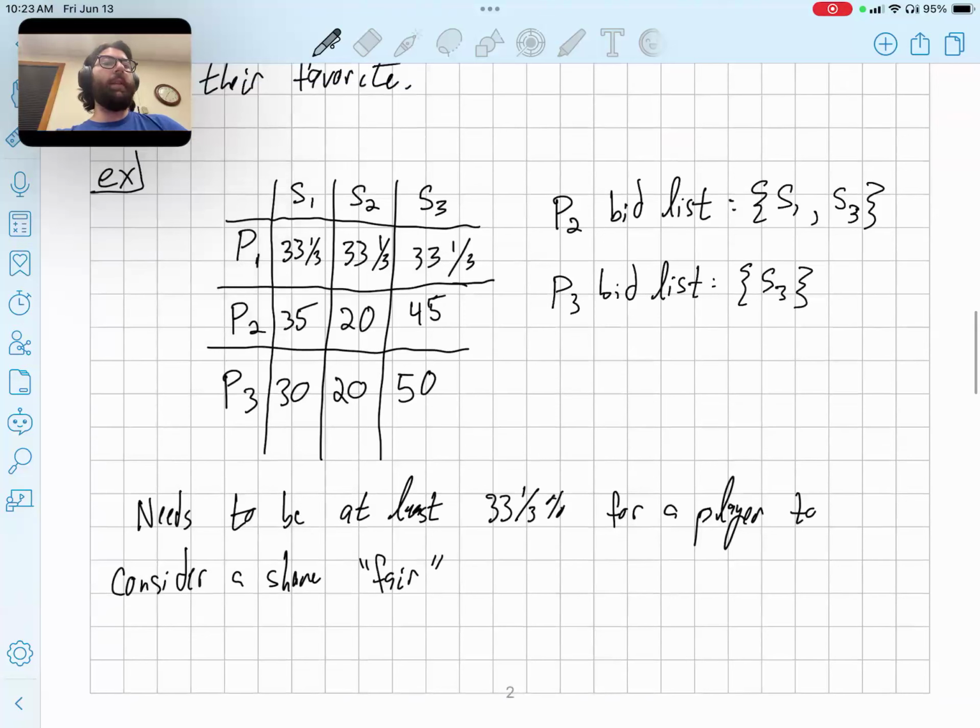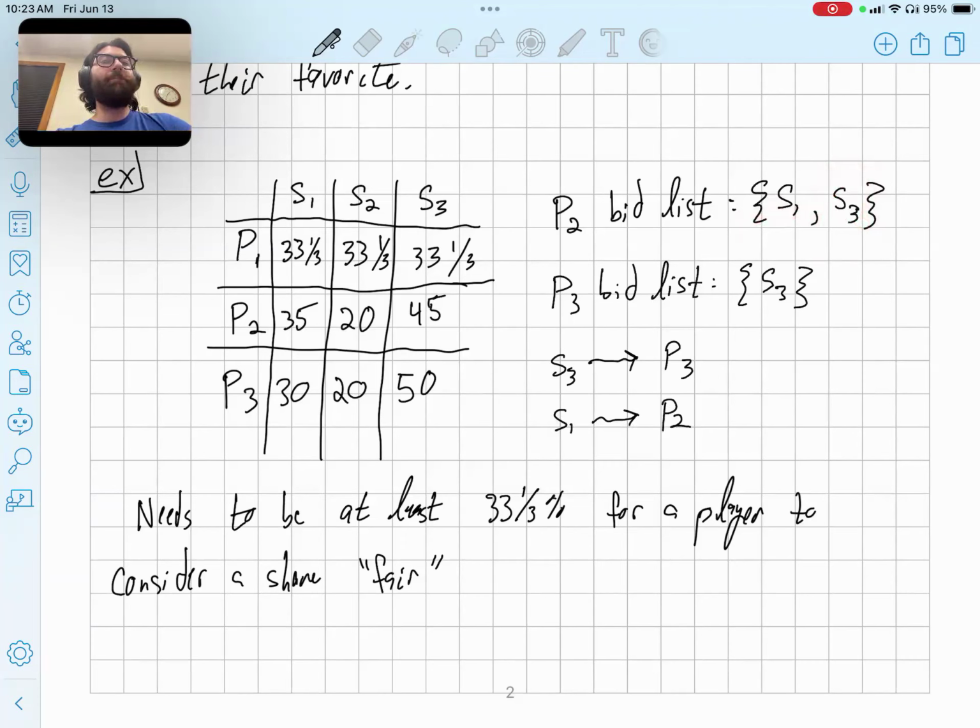And so here we see P3 only bid on S3. So we're going to give S3 to P3. Now S3 is out, we've assigned it. The only one left that P2 bid on is S1. That's the only one left in P2's bid list. So we're going to give S1 to P2.